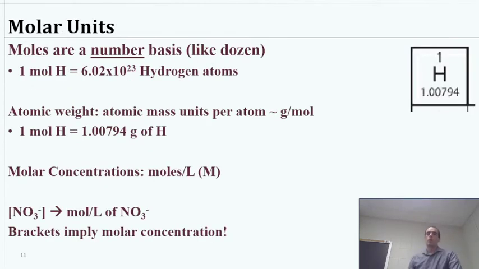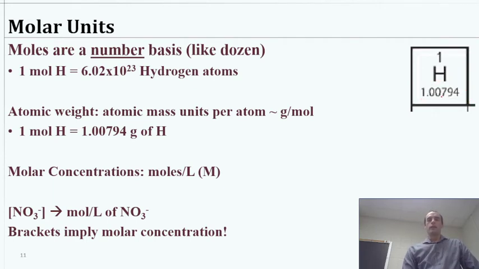Okay, just a real quick rehash. So molar units, of course, I mentioned hydrogen here. This is atomic element number 1. You will have a periodic table on your exams, which is why I'm just going to go through this real quick. You'll need to recall from it at times. So here's the atomic mass of each element.